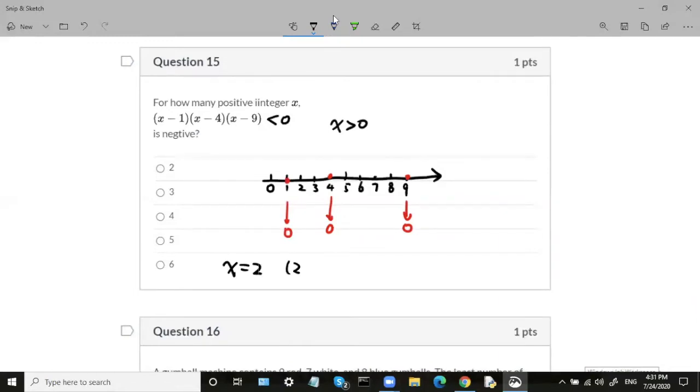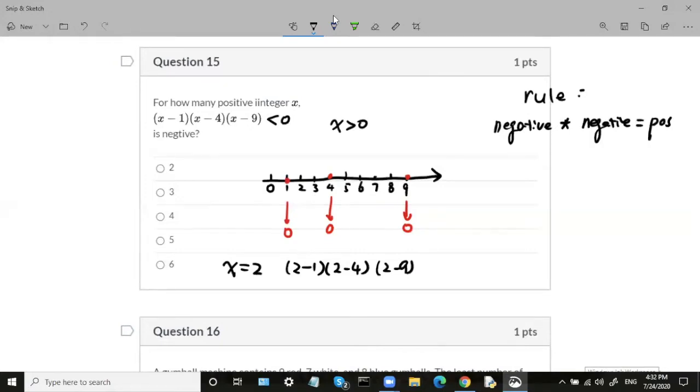So then we have 2 minus 1, 2 minus 4, and 2 minus 9. Oh, let's review the rule for multiplication. Negative number times negative number equals positive.